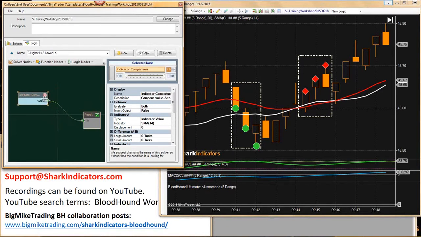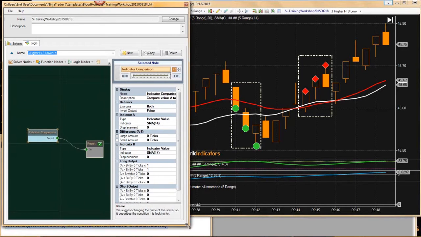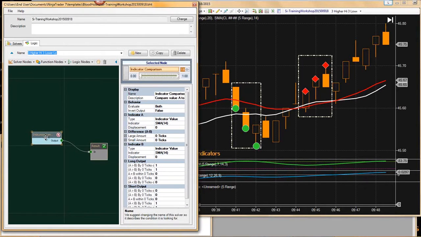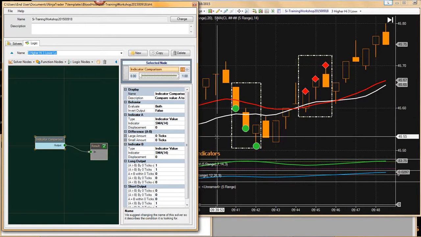I'm going to connect this solver up right away. When you're building something, there's a big advantage to connecting your solver up right away, because BloodHound is designed to show you your work in real time.